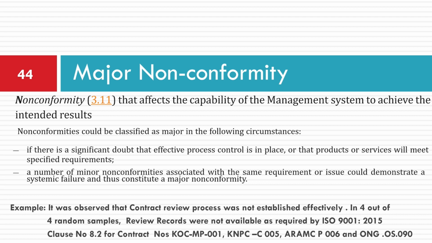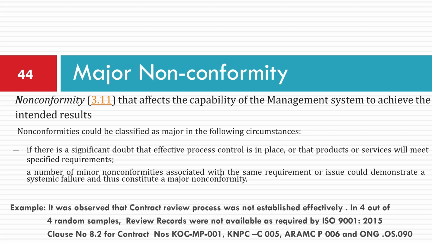then you have to raise it as a major non-conformity. A number of minor non-conformities associated with the same requirement would demonstrate a systematic or systemic failure and thus constitute a major non-conformity. For example, you found a minor non-conformity in control of document in one area. A wrong drawing is going. You find in another department they are not having control of external documents, or documents of external origin, which are very relevant for them.